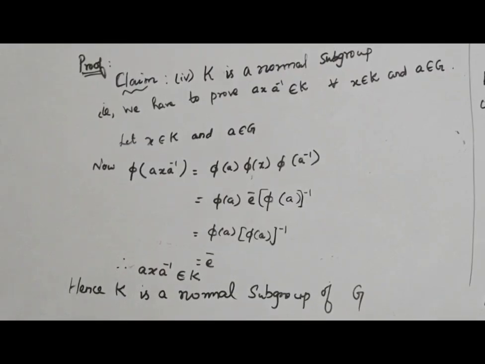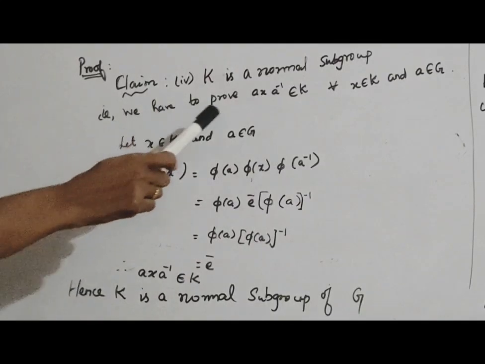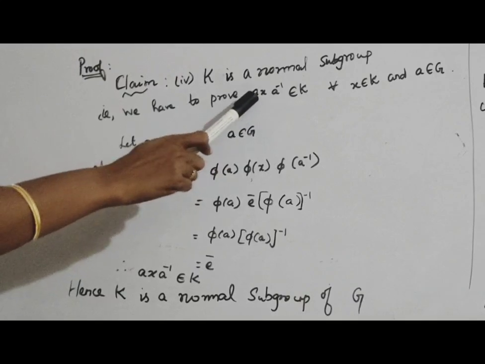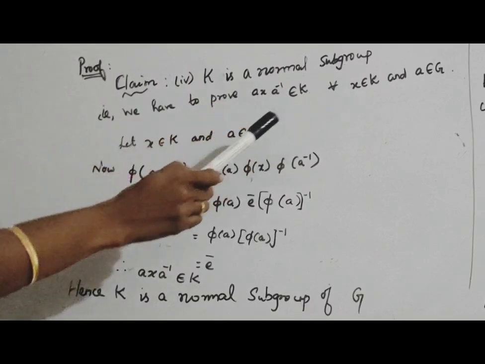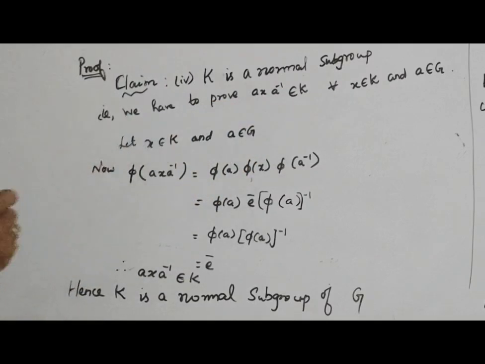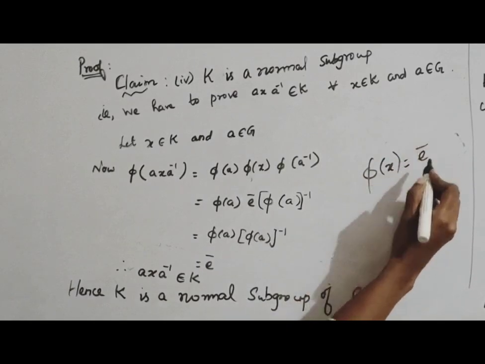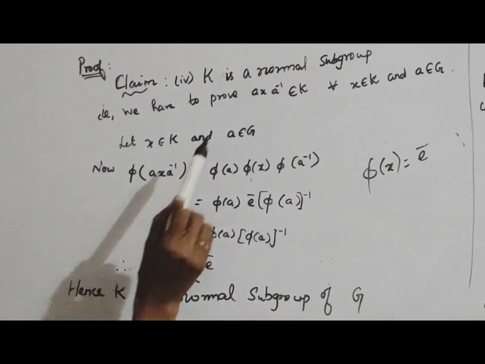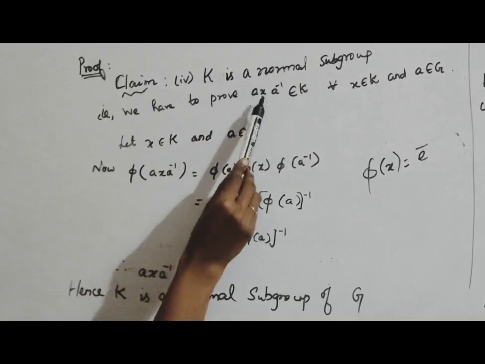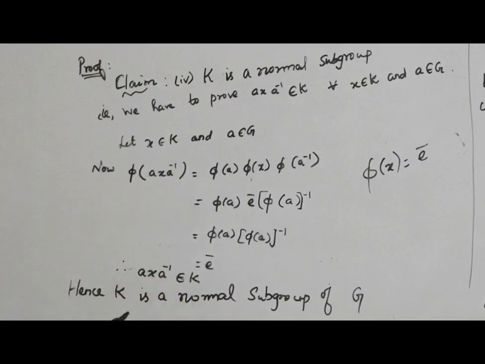Now finally we have to prove that K is a normal subgroup. For that we have to prove a x a inverse belongs to K for all x belonging to K and a belonging to G. Let us choose the element x belonging to K and a belonging to G. If x belongs to K, we know that phi of x is equal to e bar. Since we are going to prove a x a inverse belongs to K, this phi of a x a inverse can be written as phi of a into phi of x into phi of a inverse, since phi is a homomorphism.